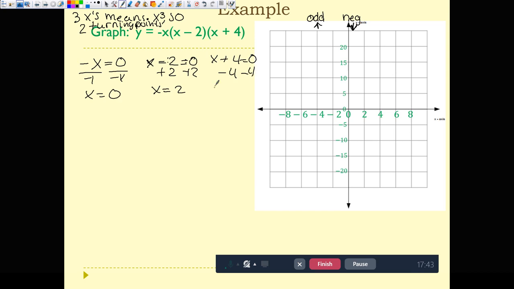So when I'm making my xy table, I need to have a value that's 1 less than -4 and 1 more than +2, and then all the values in between. So I'm going to do -5. I do not need to do -4 because I already have -4. -3, -2, -1, 1, and 3.